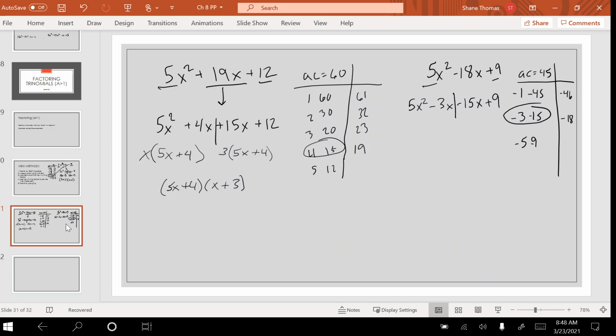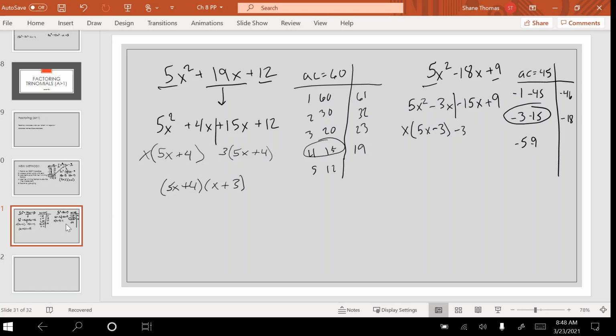So split it here. What can I factor out of the first set? Just x. That's going to leave me with 5x minus 3. Good. Second set, what can I factor out? 3. What does it also have to be then? It has to be a negative. Good. It has to be a negative 3. Otherwise, I have a positive 5, right?